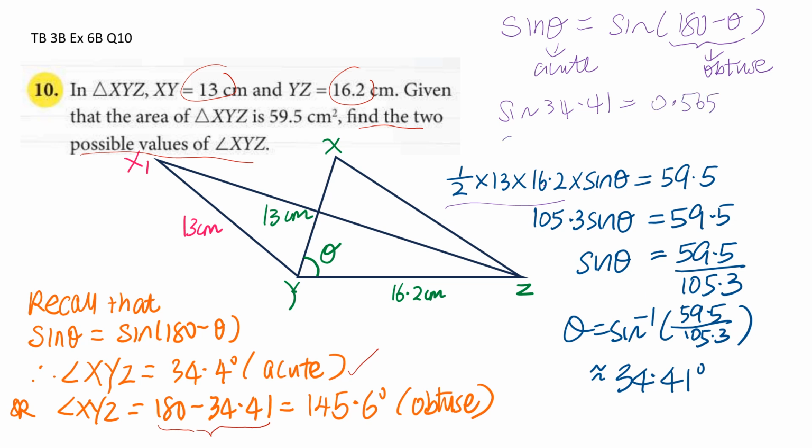And if you work out sine of 180 minus 34.41, which gives you 145.59, that also gives you 0.565. Okay, so we're actually using this concept that we learned earlier on to find the obtuse angle. Okay, so this is how you go about solving these questions.